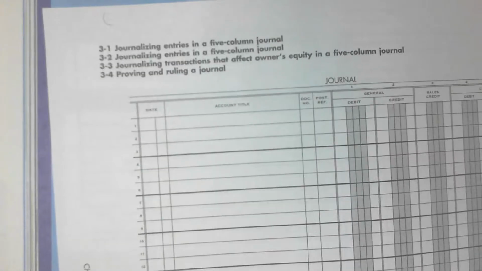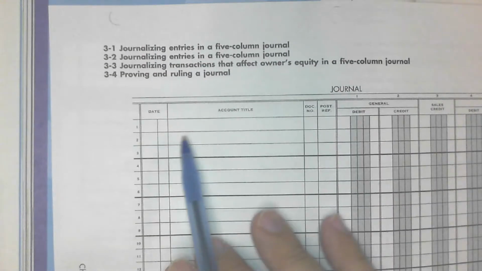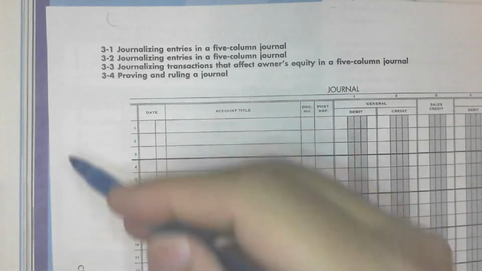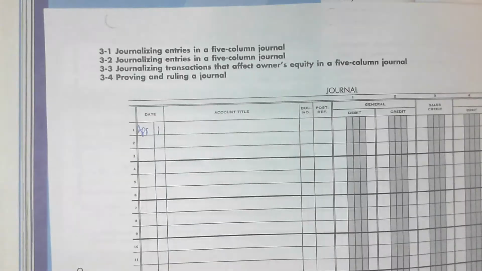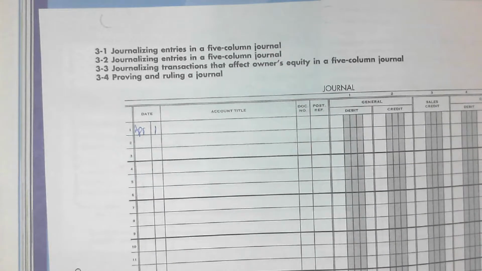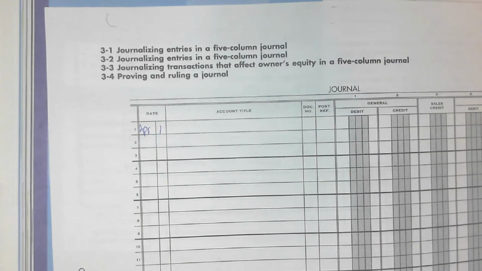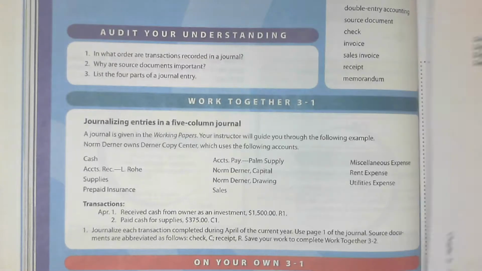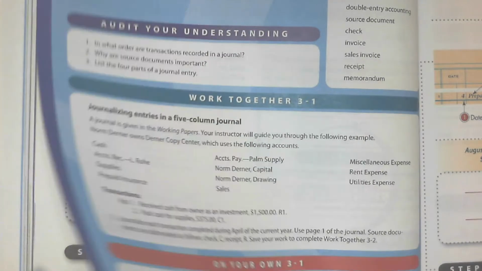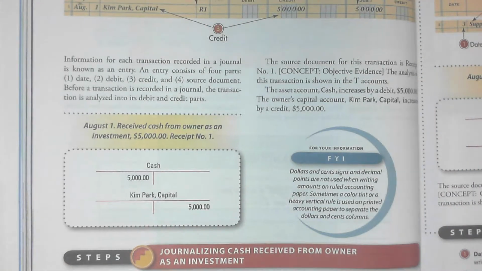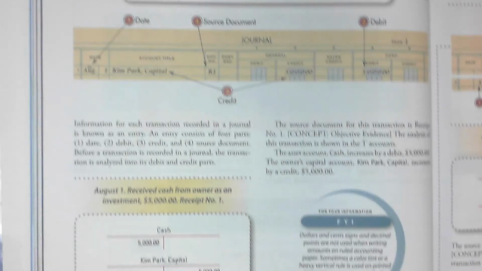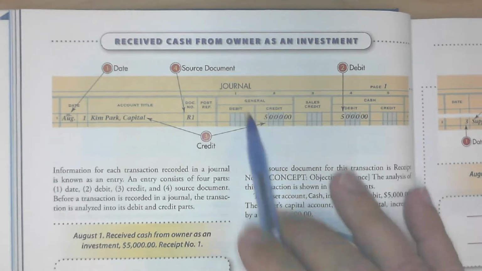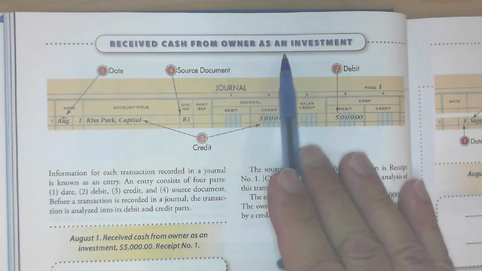So in the date, April 1st. Then if you go to the example, received cash from owner as an investment.